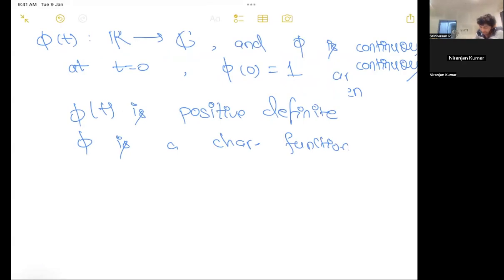Now, before we start, I'll define what a positive definite function is.